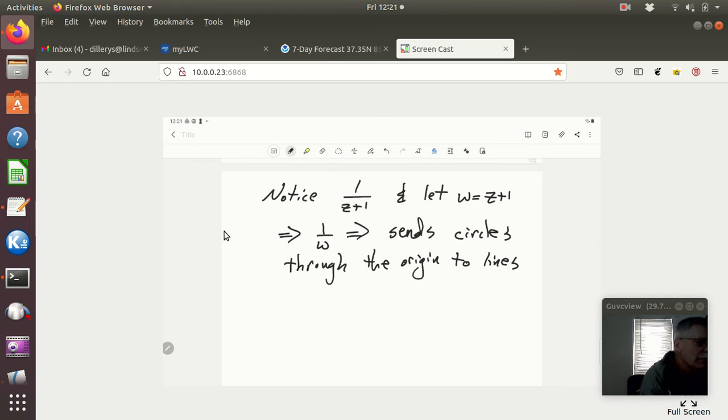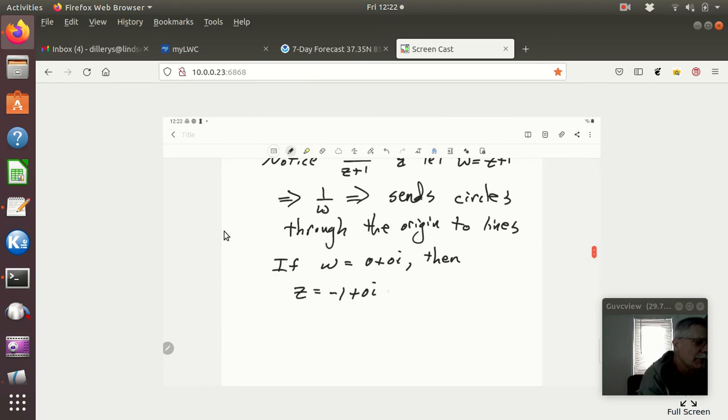So what that means is that circle would cause w to be at 0, 0. But if w is equal to 0 plus 0i, then z, which would be w minus 1, would be negative 1 plus 0i.